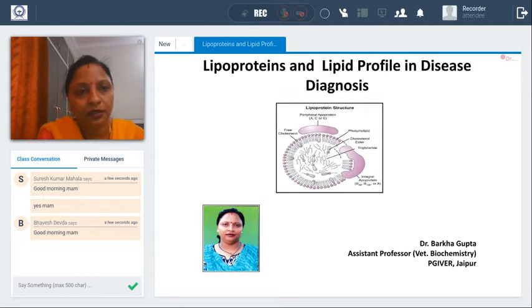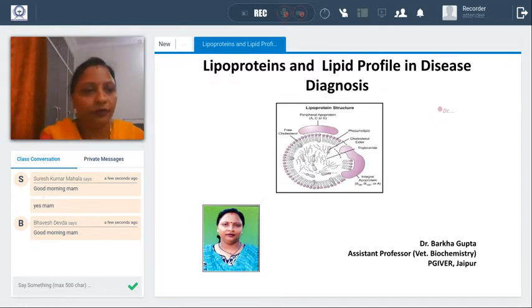Let's start another topic of analytical biochemistry, that is lipoproteins and lipid profile in disease diagnosis. Again, it is very important clinically. So today's topic is lipoproteins and lipid profile in disease diagnosis.